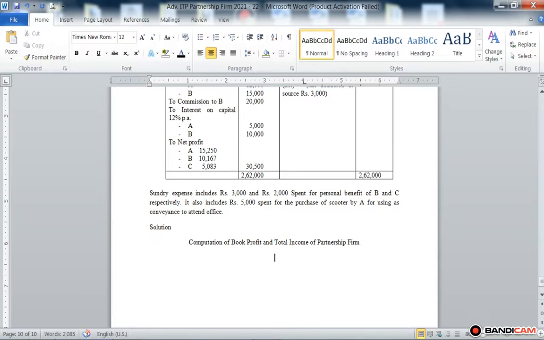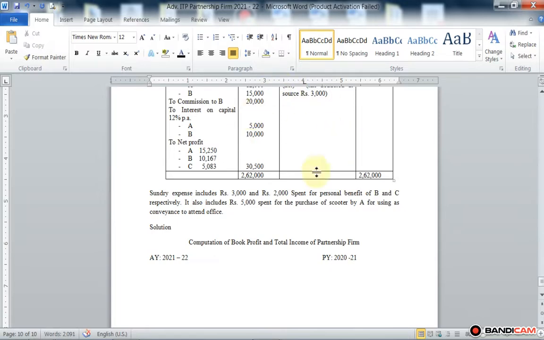Assessment year 2021-22, previous year 2020-21.